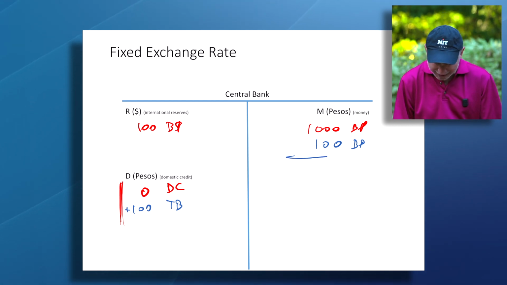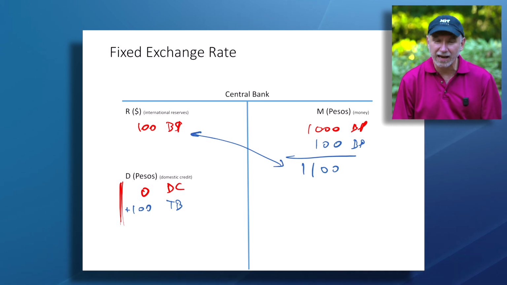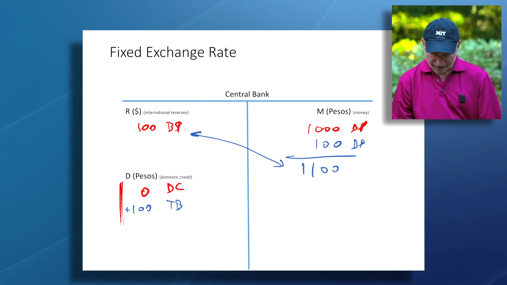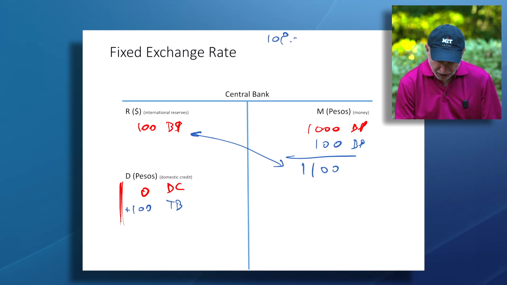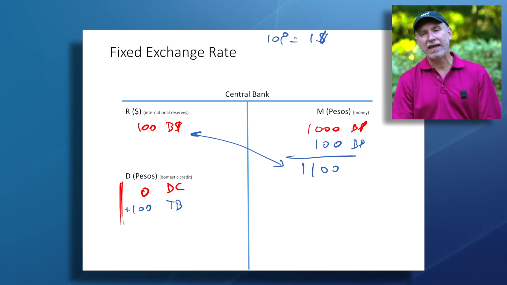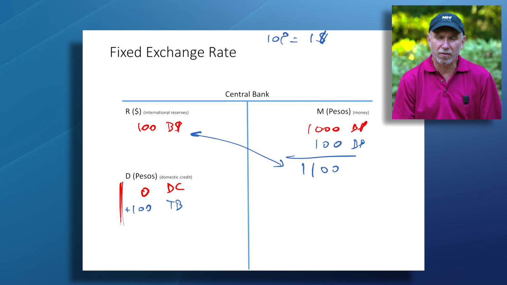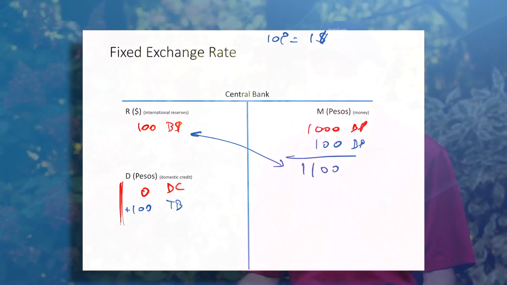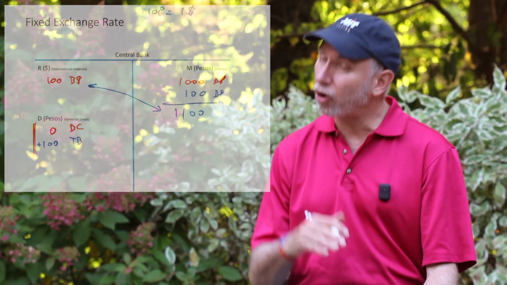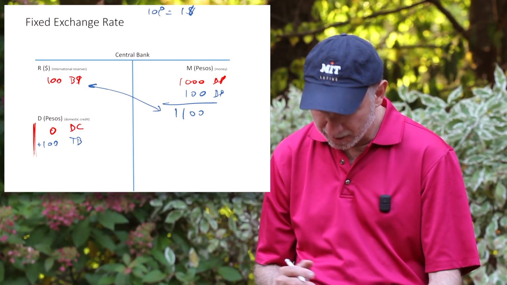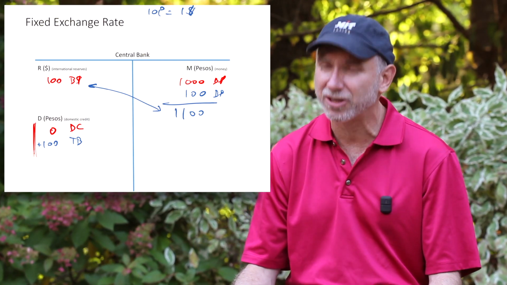Now, clearly there's a mismatch. But can the central bank honor the promise of 10 pesos equals $1? Well, yes, for the first 1 trillion pesos. Not for all the 1,100, but for the 1,000 it certainly can.